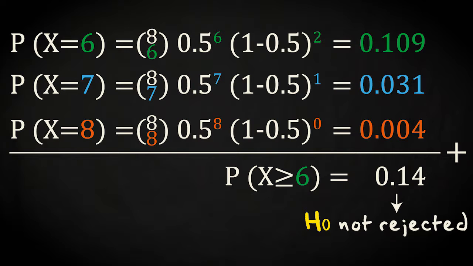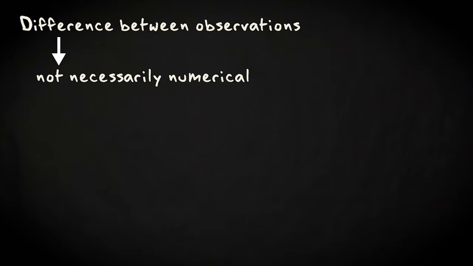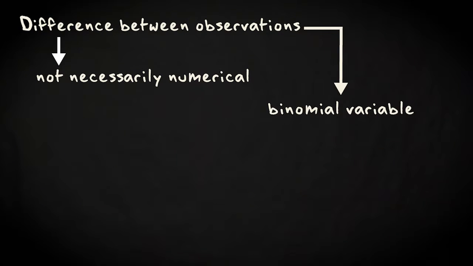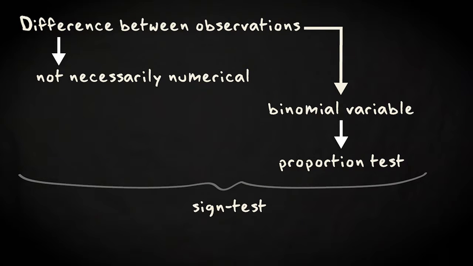In the example, we translated the direction of the difference between 2 observations, not necessarily a numerical difference, into a variable with 2 categories, and subsequently applied a one-sample test for a proportion. It's called the sign test. It is particularly useful for situations where quantitative measurement is impossible, but where ranking the pair of observations is feasible.